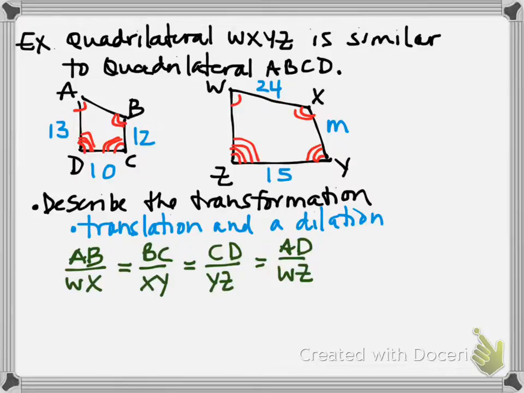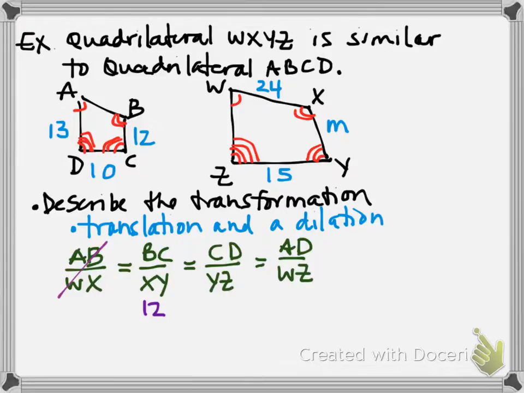So what I want to do is look at which of these ratios I have numbers for. Do I know what the length of AB is? No, they didn't give it to us, so we aren't going to use this one in any calculation. Do I know the length of BC? Yeah, 12.